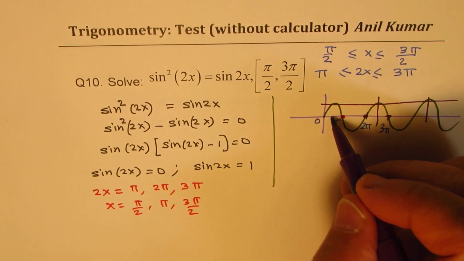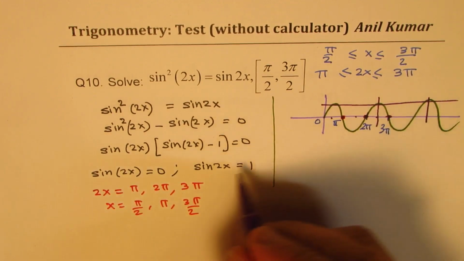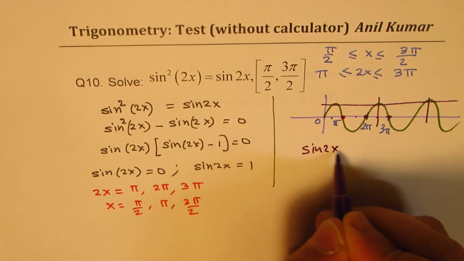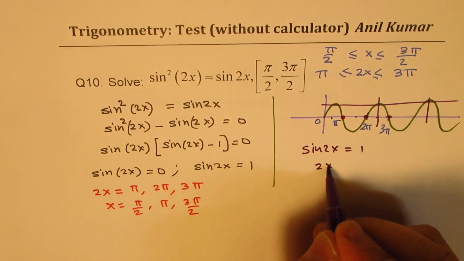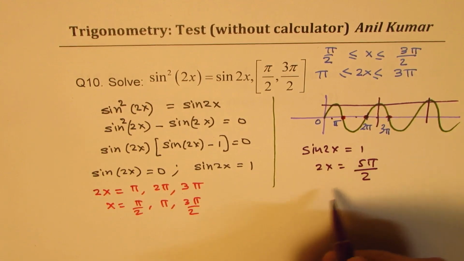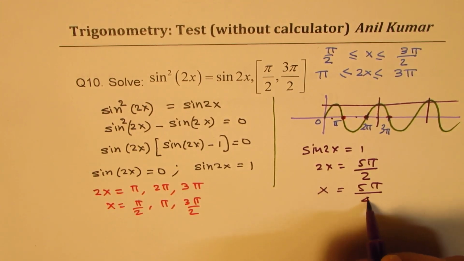So we can say 1 pi by 2, 2 pi by 2, 3, 4, 5 pi by 2, right? So here sine 2x equals 1 means 2x equals 5 pi by 2, right? Or x is equal to 5 pi by 4.